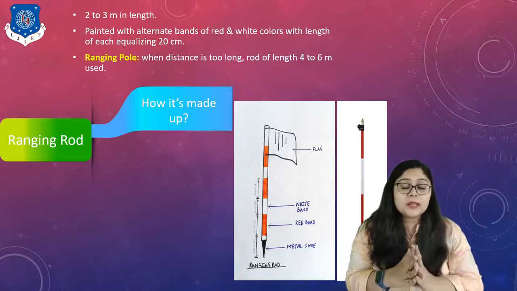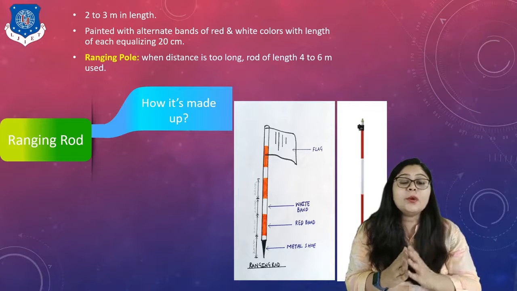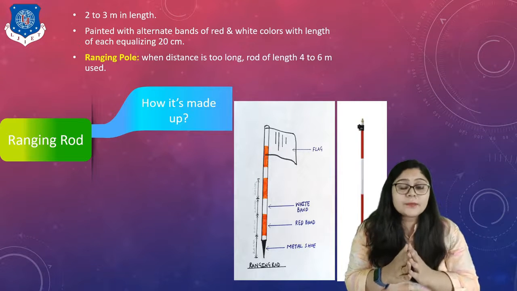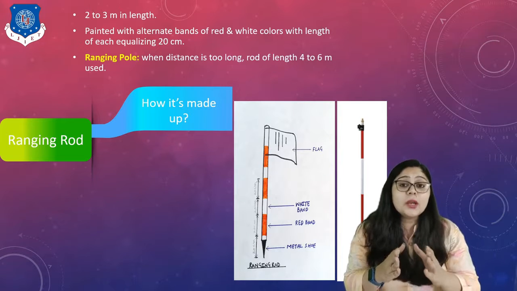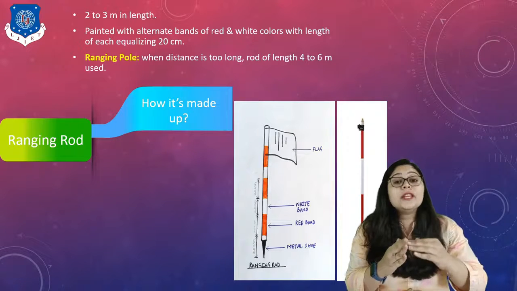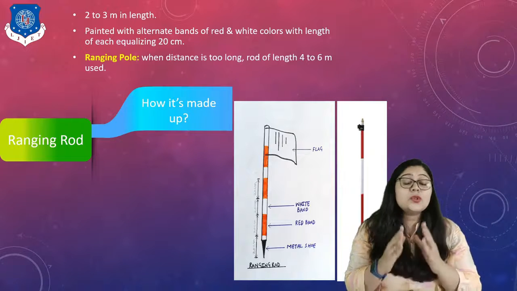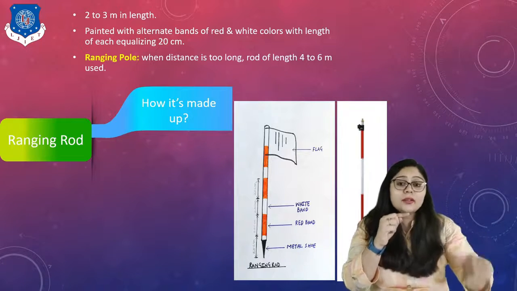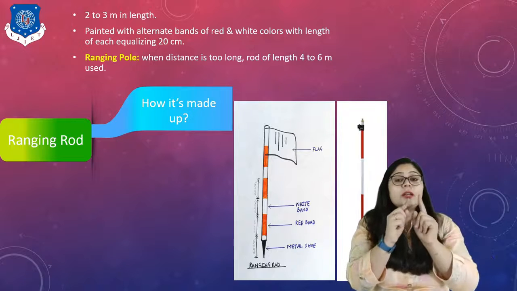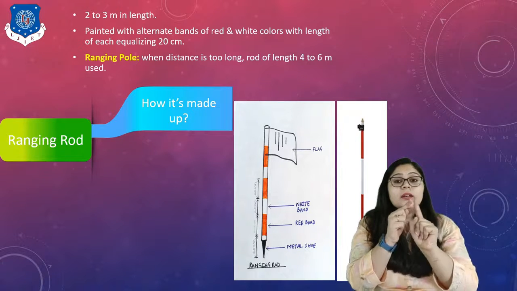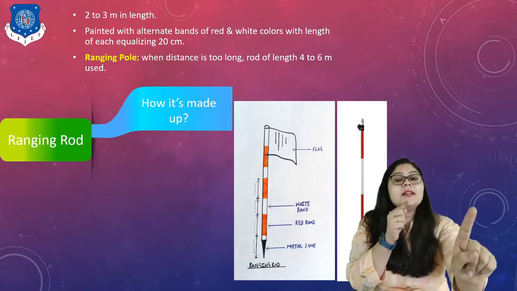But again, the concept of ranging pole comes, because a ranging pole is something when the length of the pole or the rod is 4 to 6 meter. So generally, due to curvature of earth, your eyesight is reducing when the length is increased.